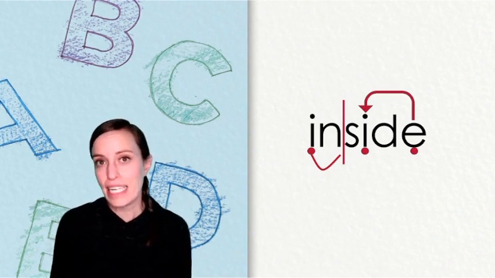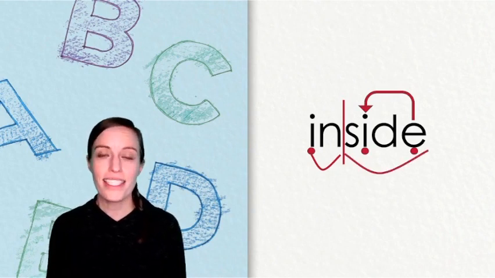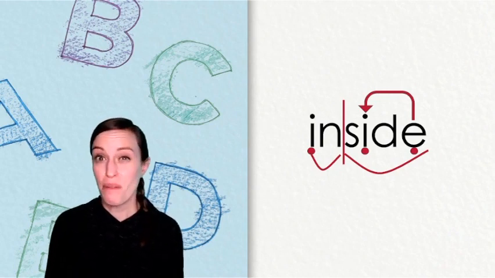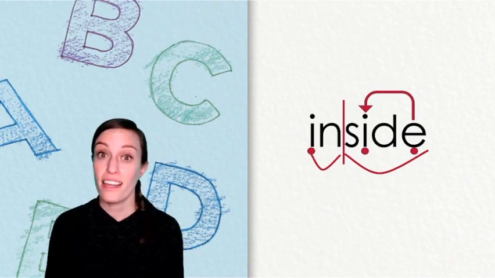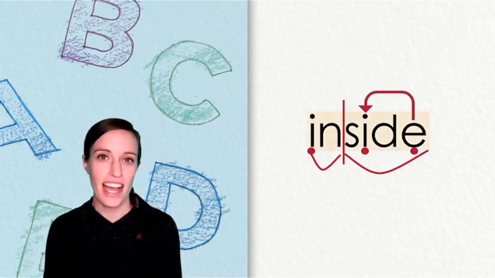I know that E will tell the I to say its long vowel sound, I. That means that the second syllable is side. If I put those 2 syllables together, in, side, I get the word inside.